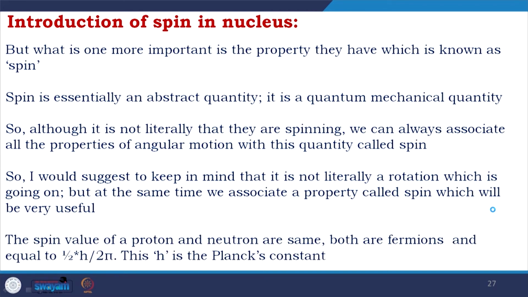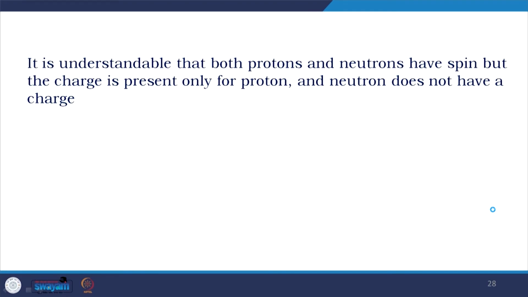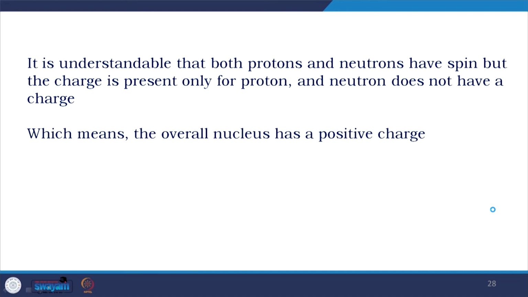The spin value of a proton and a neutron are the same, both are fermions, and equal to half h by 2 pi, where h is Planck's constant. Now, it is understandable that both protons and neutrons have spin, but the charge is present only for the proton, as I said, and the neutron does not have a charge, which means the overall nucleus has a positive charge.